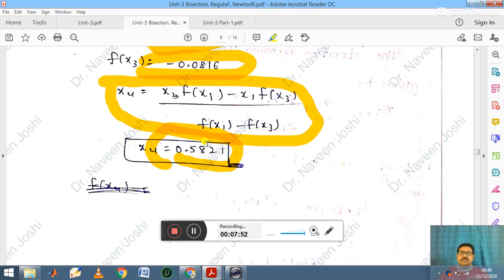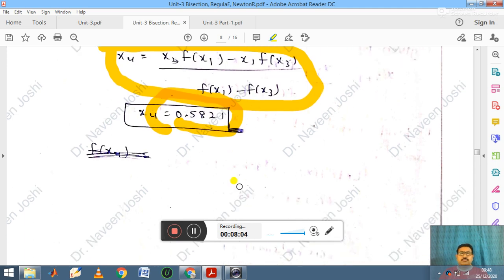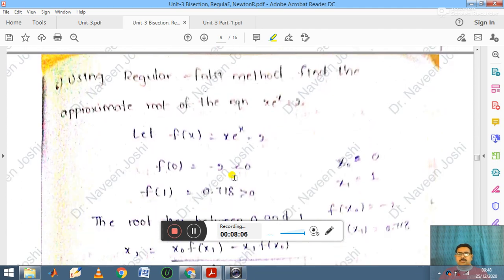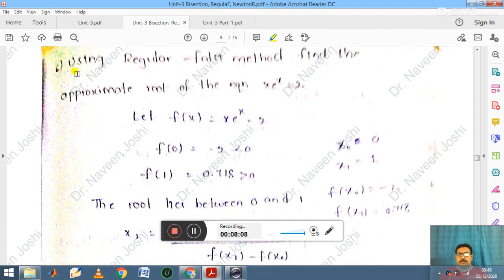This is the advantage of the Regula-Falsi method. Within fewer iterations you can match more digits and get more accurate results when compared to the bisection method.